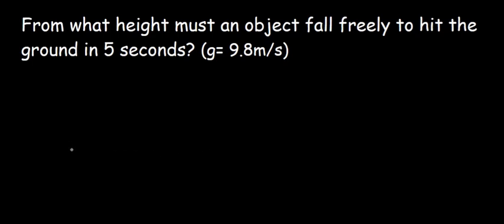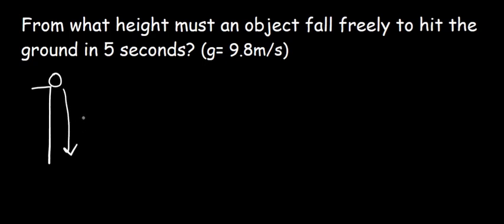You see, from what height must an object fall freely to hit the ground in 5 seconds? So this is the height. Assuming this is the ball and it falls freely.